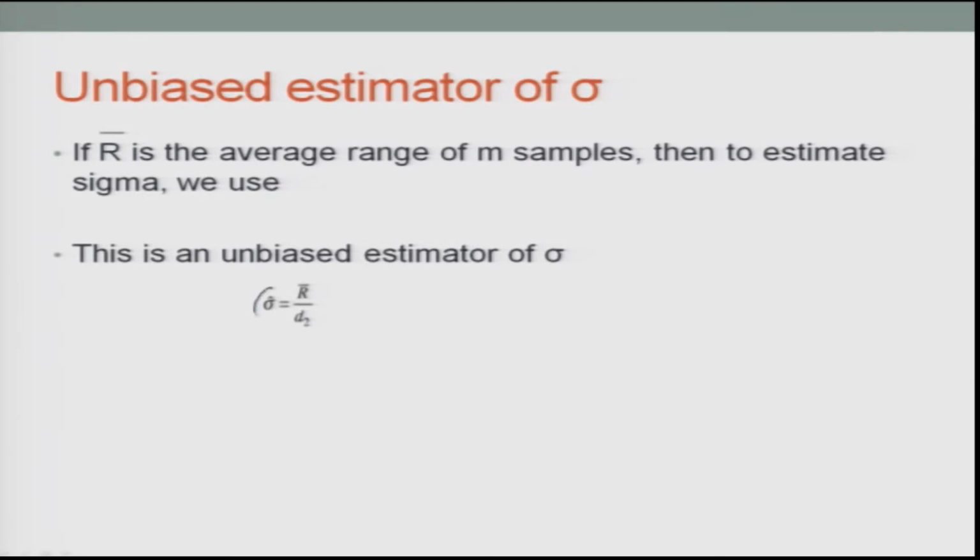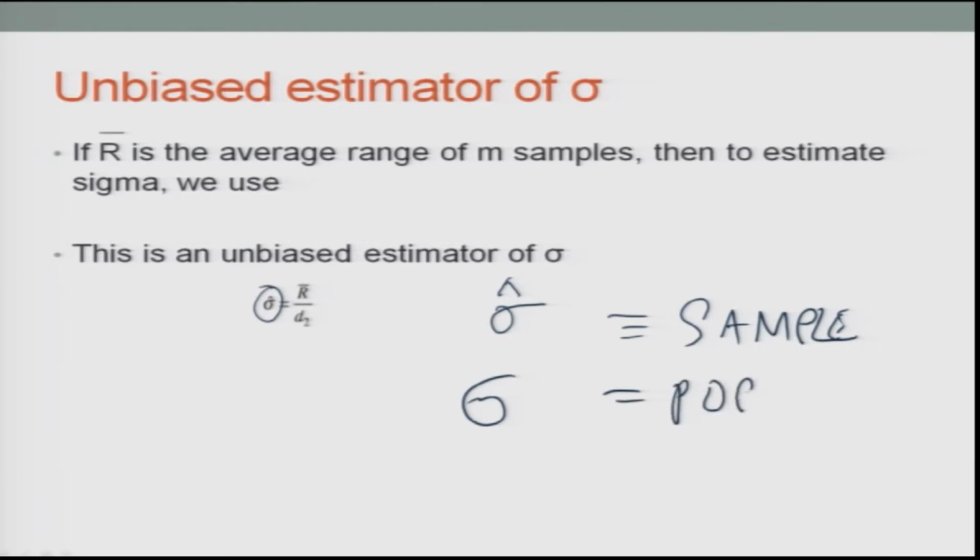This value of sigma hat which you see is an estimate, which is basically coming from the sample, and the actual population one is given by the standard deviation, which is sigma. So, what you do is use this sigma hat in order to predict sigma.